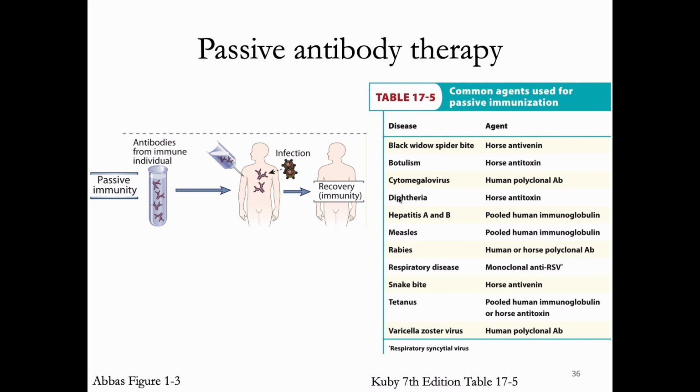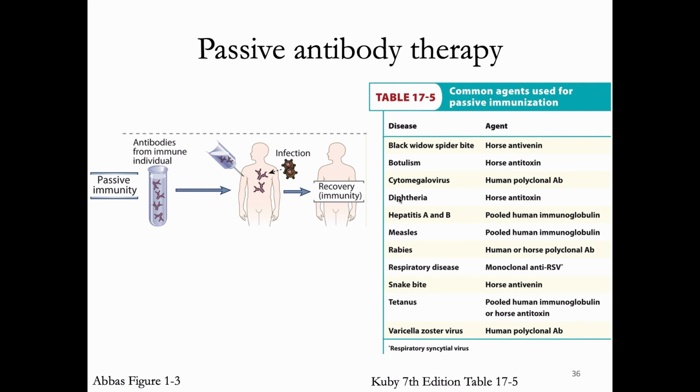So if you remember, one thing that we can do to deal with certain types of infections or other agents is that we can actually use pre-formed antibodies and inject them into an individual. So this is called passive antibody therapy because this individual is not making their own antibodies actively. They're just receiving antibodies somebody else made. And those antibodies can lead to recovery.